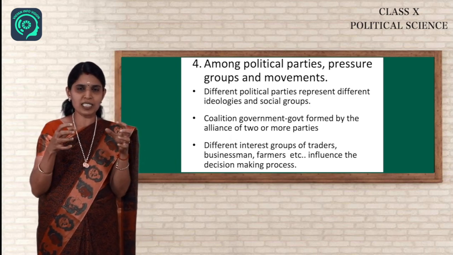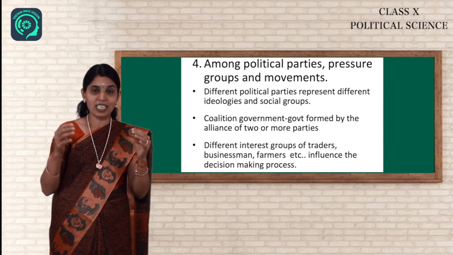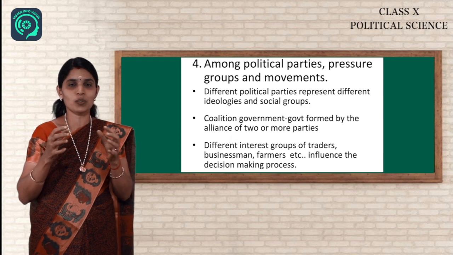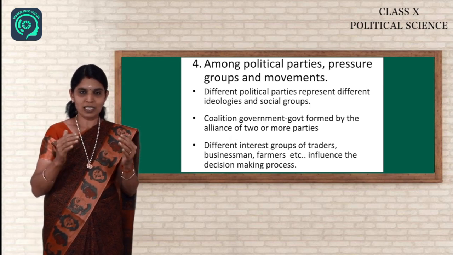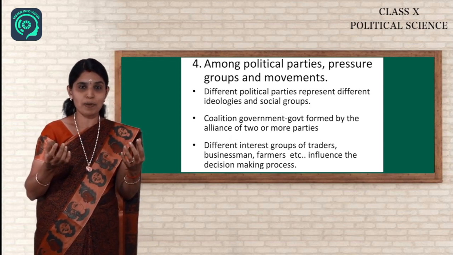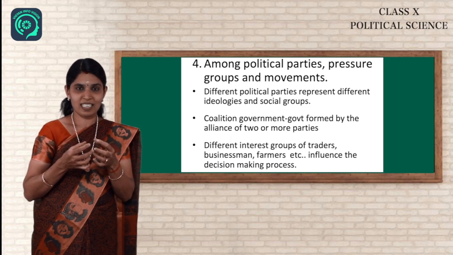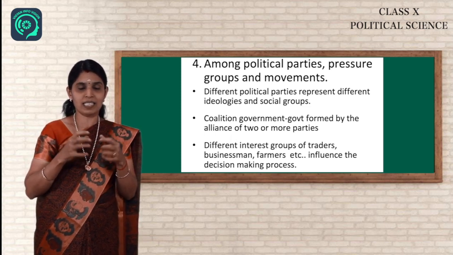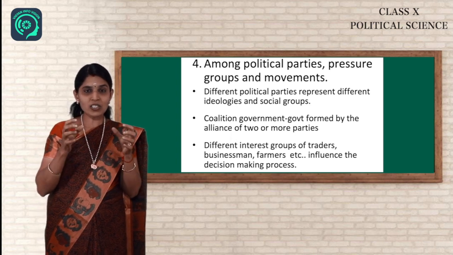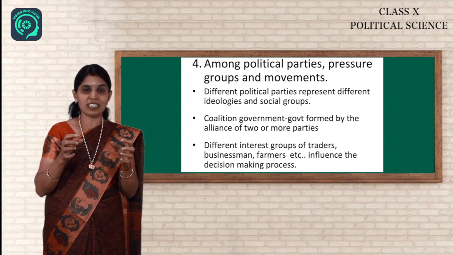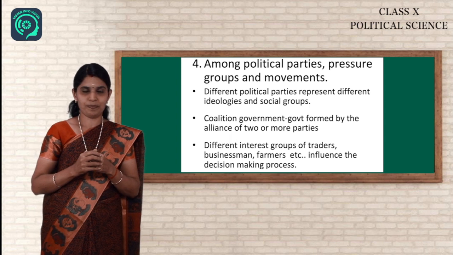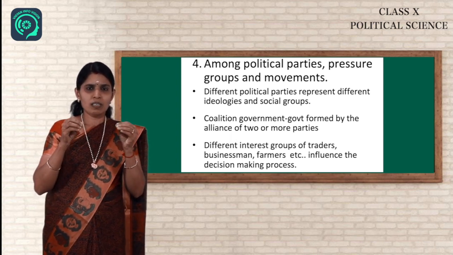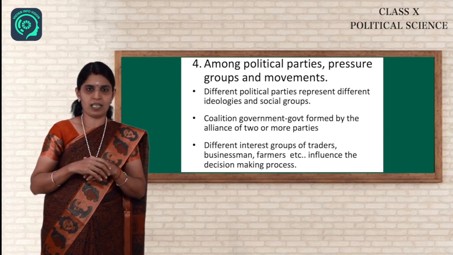The different political parties are coming with different ideologies and they are from different social groups. Sometimes two or more political parties form an alliance and they make a coalition government in the center. Actual power sharing takes place in a coalition government. The pressure groups and movements also participate in the power sharing.